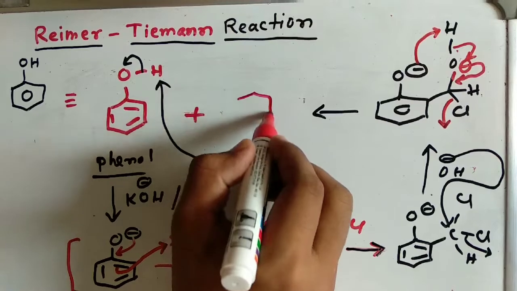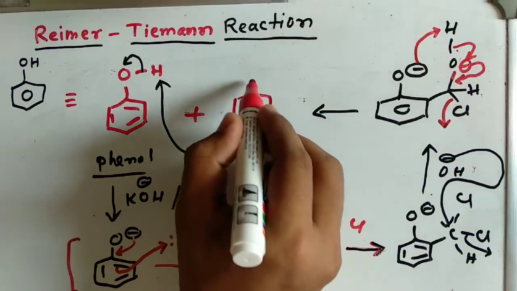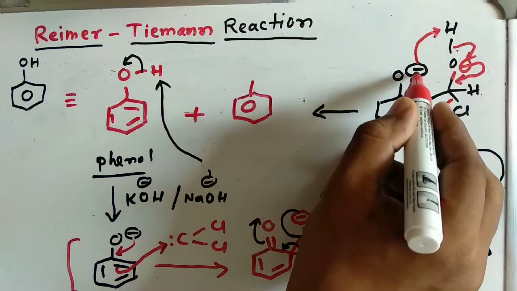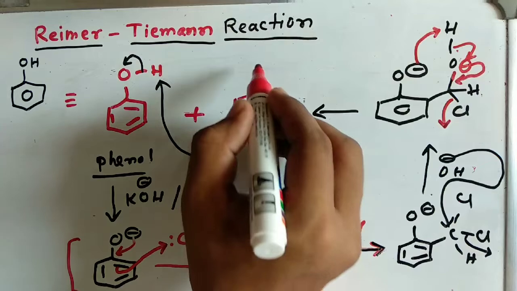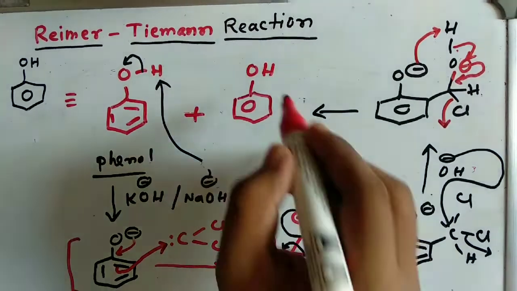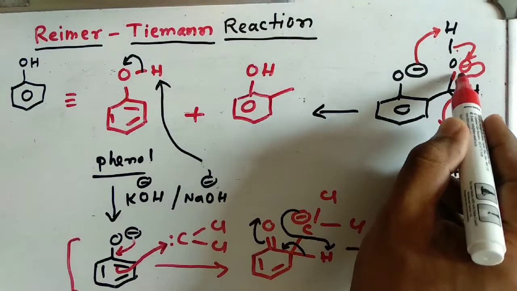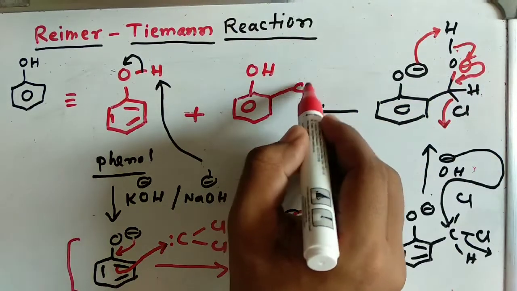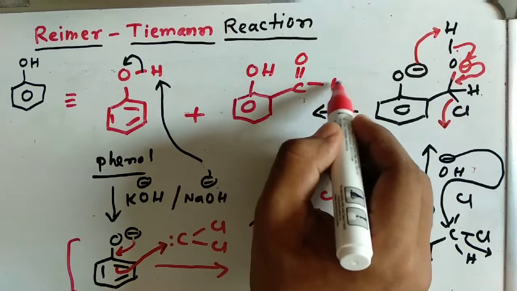This is the benzene ring, this is one OH, because this minus will take up this proton, and this will be OH, and here there will be a double bond, C double bond O and hydrogen.